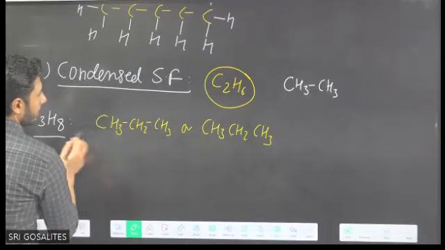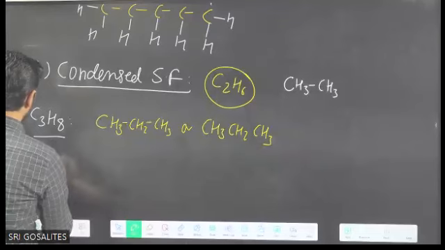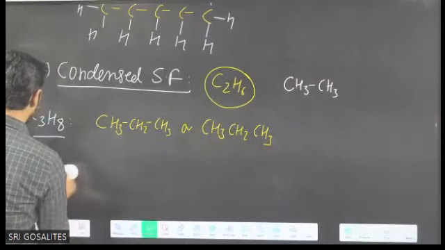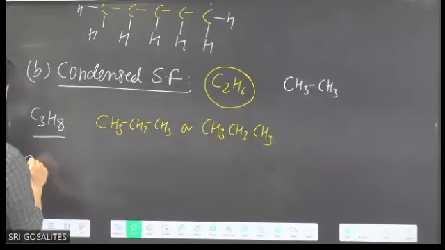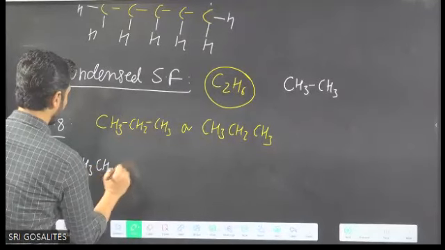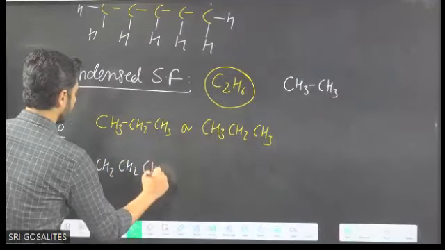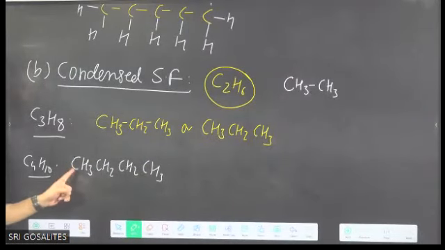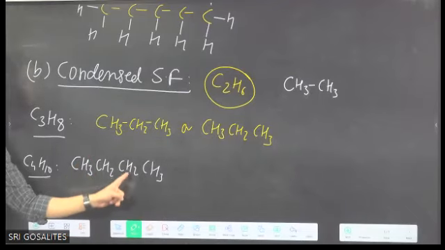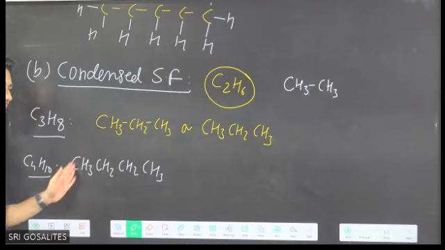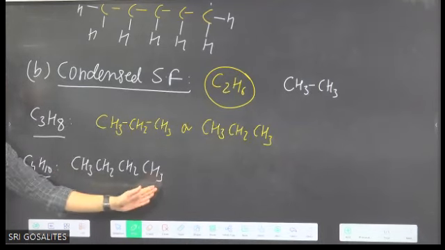Okay, then we can talk about C5H12, or before C5H12, another example with C4H10. One such way is CH3, CH2, CH2, CH3. How many carbons? 4. Carbon is tetravalent, the terminal will be CH3, the terminal will be CH3.